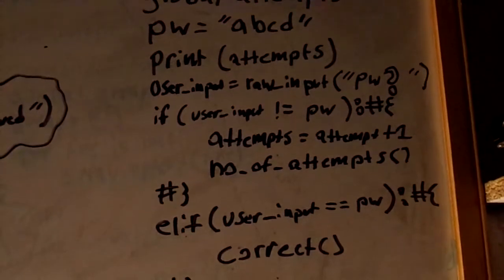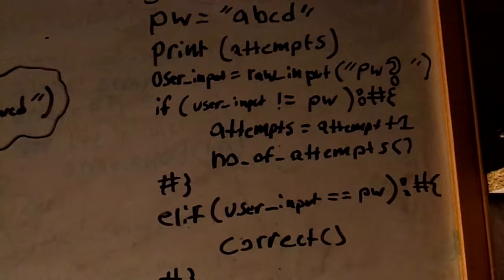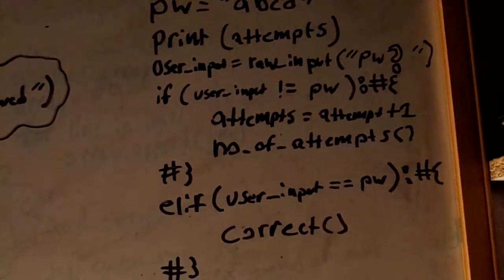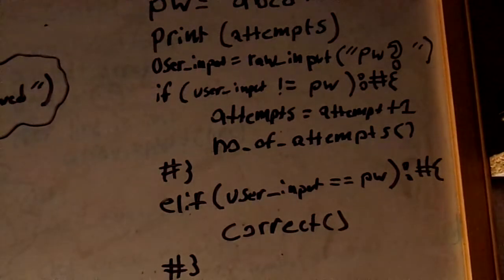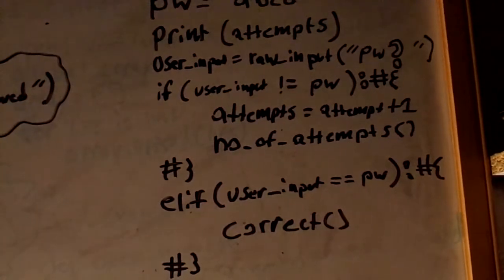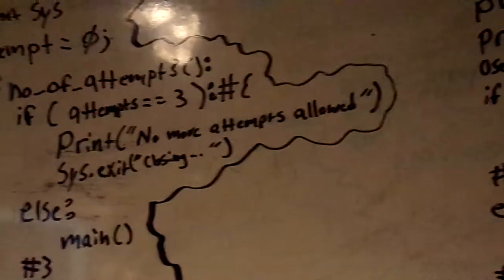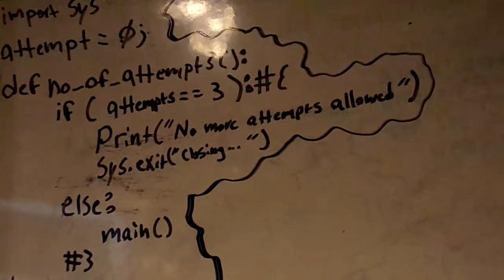If it's not right, it's going to add 1 to attempts. So now attempts is going to equal 2. And then when it gets to 3 and it runs the number of attempts again, it sees that it's 3 and it exits.